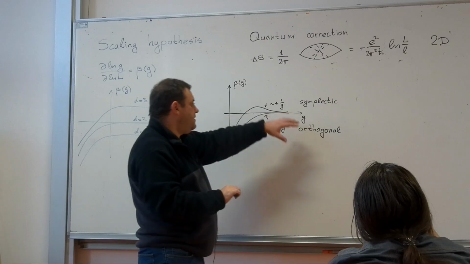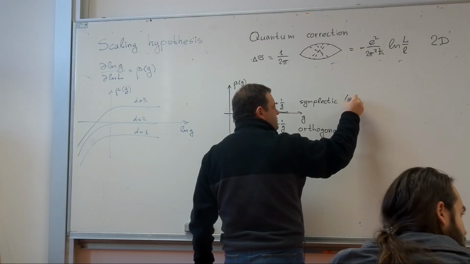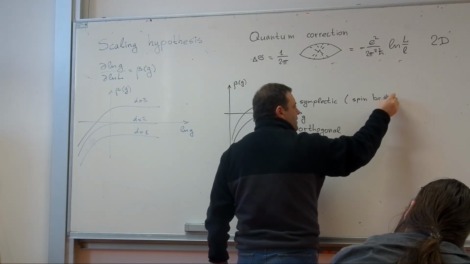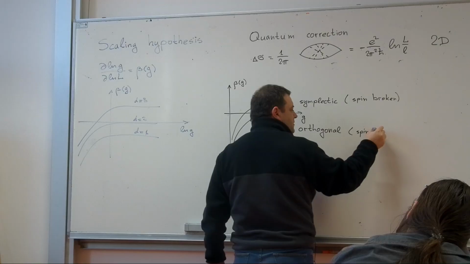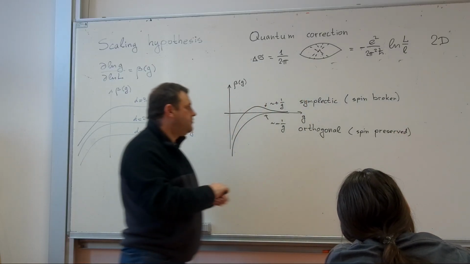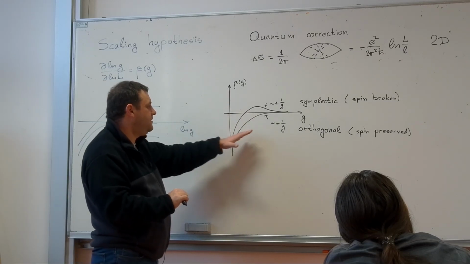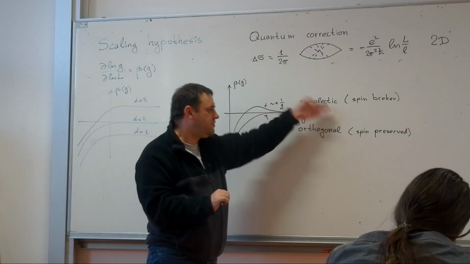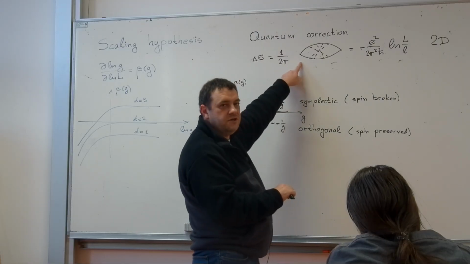In the symplectic case, spin symmetry is broken, and the orthogonal case is when spin is preserved. So there are two different cases. It's not a single function for everybody. There is at least one function for the case of preserved spin and one function for the case of broken spin. And in both of these cases, the correction is due to such a diagram.